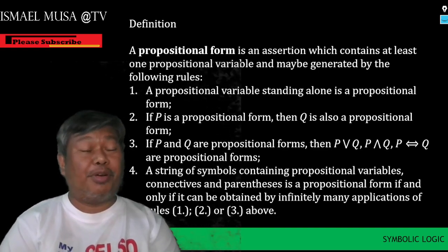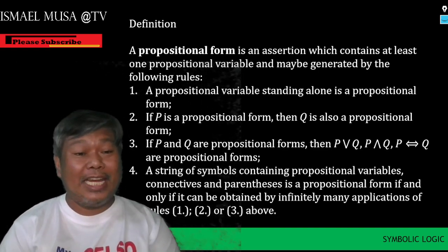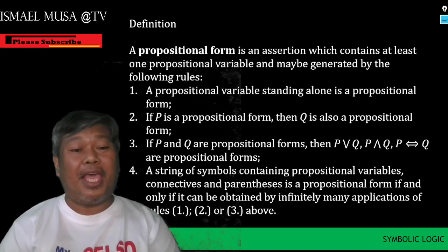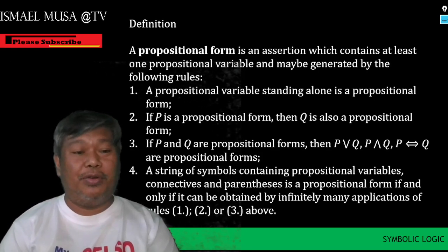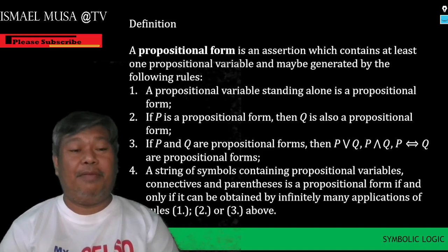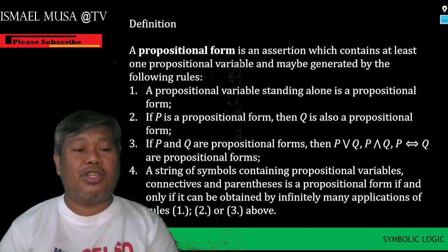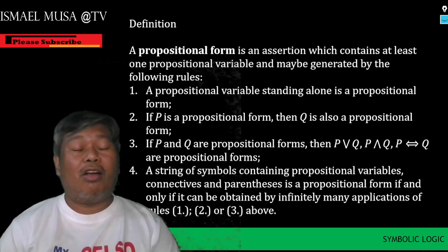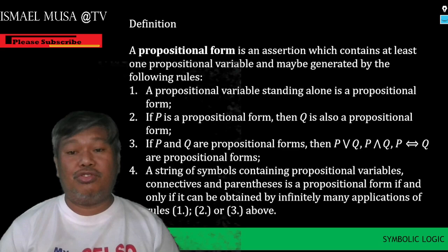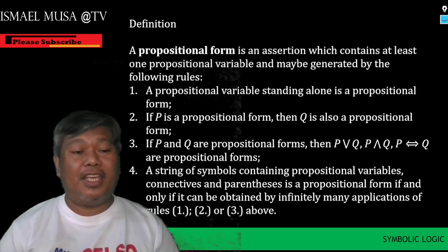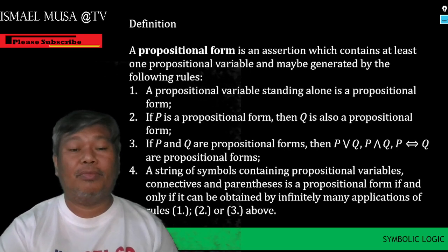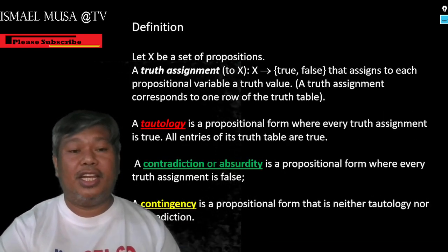If P and Q are propositional forms, then P or Q, P and Q, and P biconditional Q, or P if and only if Q, are propositional forms by themselves. Now, a string of symbols containing propositional variables, connectives, and parentheses is a propositional form if and only if it can be obtained by finitely many applications of rules 1, 2, and 3 above.